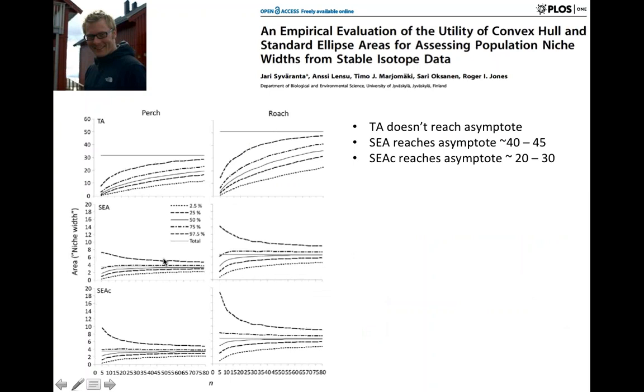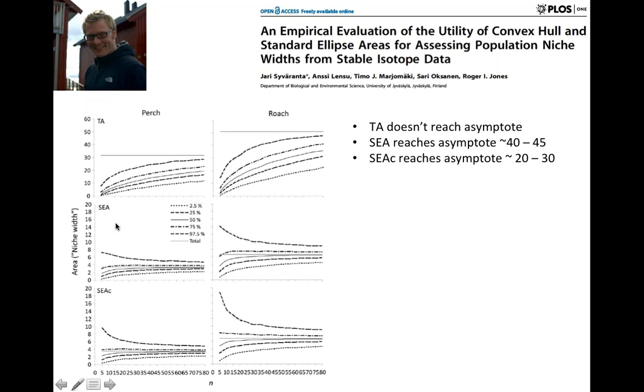But essentially what we see is that the TA, the total area, as you continually add more samples, your TA value constantly increases for both species. It never reaches an asymptote. And that makes perfect sense, because you're not including any error term. You're just saying, okay, we've got more. You're just including more outliers every time, or the potential for more outliers every time.